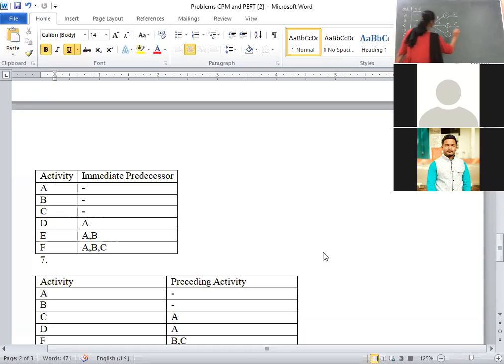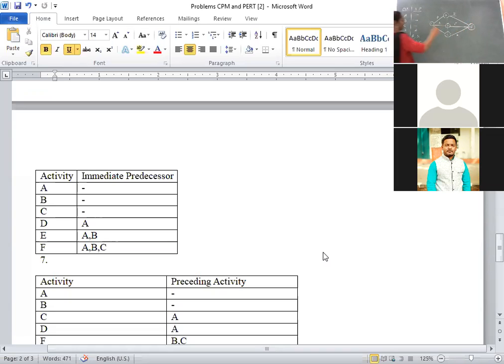F. A, B, C. A, B, and C is completed, then only F. Okay, you cannot leave these activities like this. Then what we will do? We will combine these three activities, and this is end node 5.